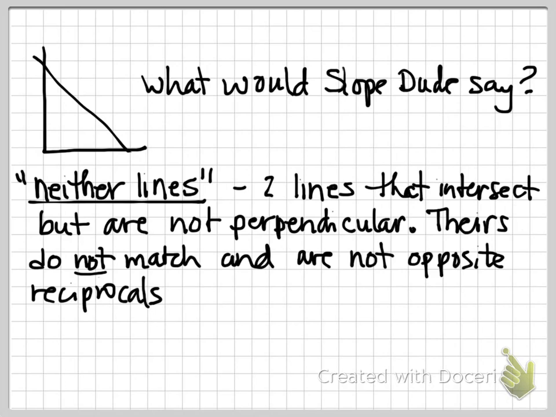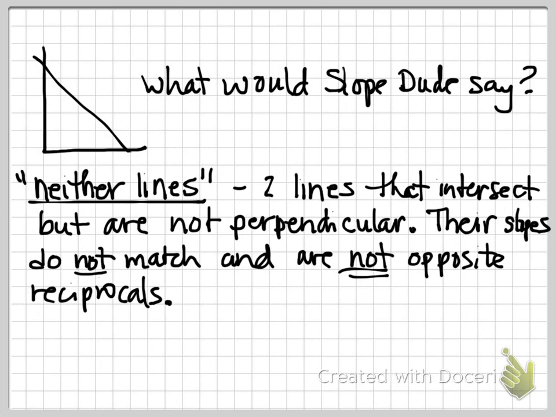Oh, that's not what I meant to say. Should say their slopes do not match and are not opposite reciprocals. So any line where you have intersection but it's not perpendicular is called a neither line.